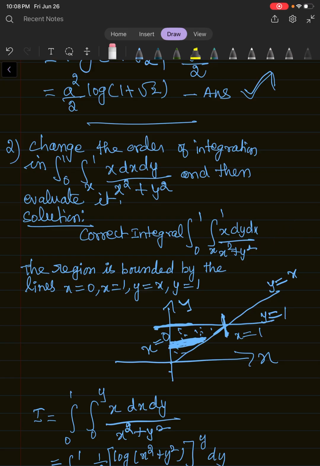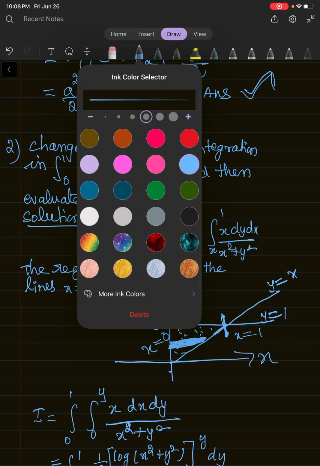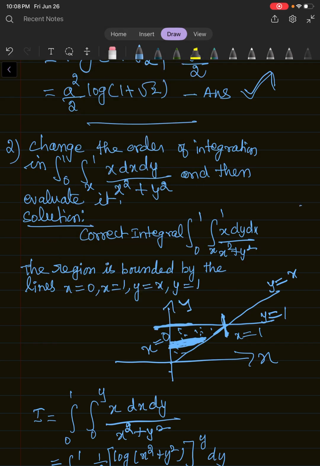I am writing here integral from 0 to 1, x to 1, x dy dx divided by x square plus y square. After writing the equation, find out all the points.